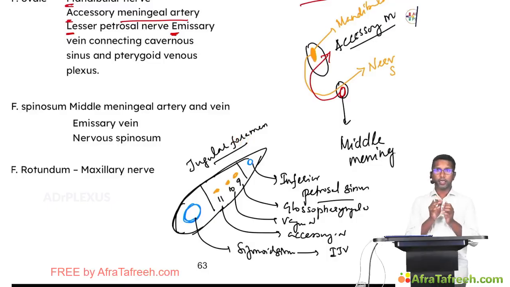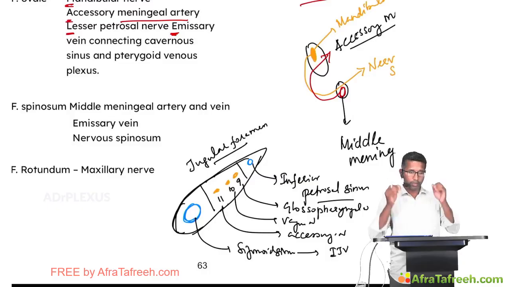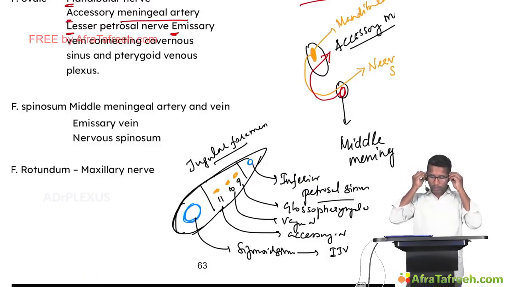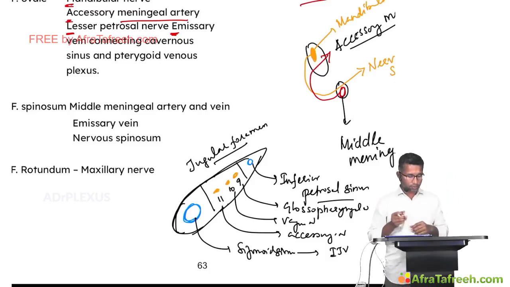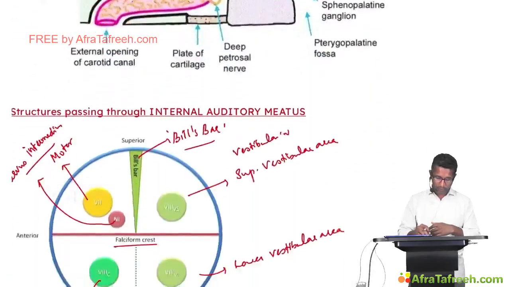So these are all the important structures which are passing through the jugular foramen. If there is any tumor in this area, it can compress these structures and cause a lot of manifestations in the face.